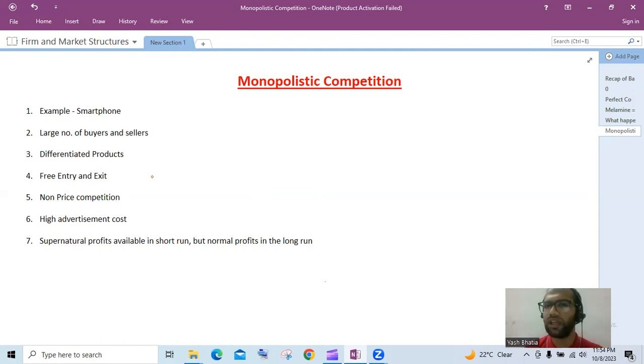The basic need of calling is met, but they have some additional features. That means they are not homogeneous. The products are differentiated. They have some additional qualities which other products do not have. So in monopolistic competition, the products are differentiated and have some unique features.